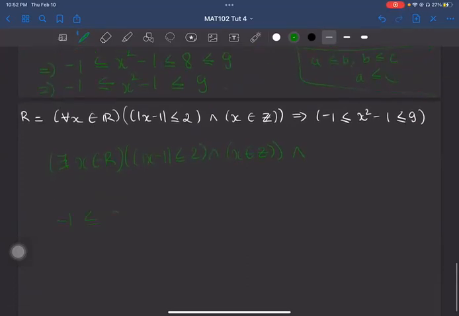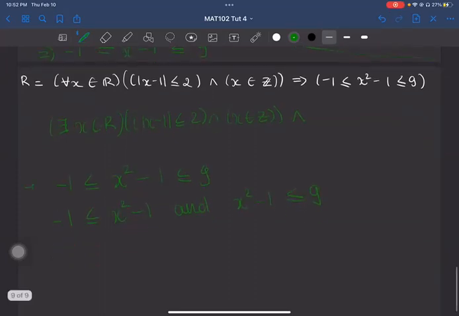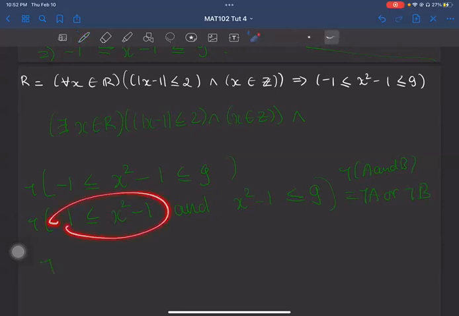So negative 1 less than or equal to x squared minus 1 less than or equal to 9 means negative 1 less than or equal to x squared minus 1 and x squared minus 1 is less than or equal to 9. And then we want the negation of it. So the negation of a and b is the negation of a or the negation of b, which means the negation of this part, negative 1 greater than x squared minus 1, or the negation of this part, x squared minus 1 greater than 9.